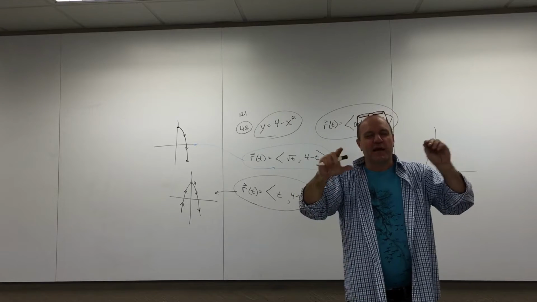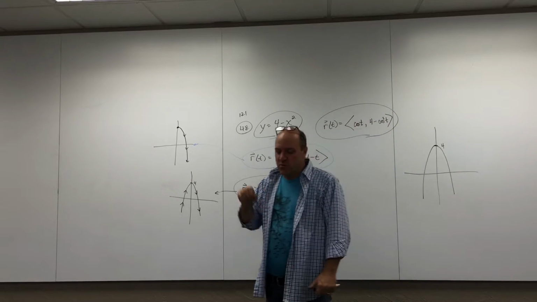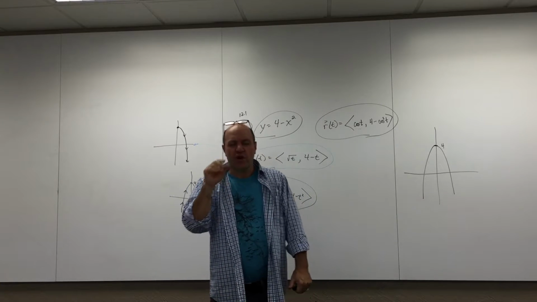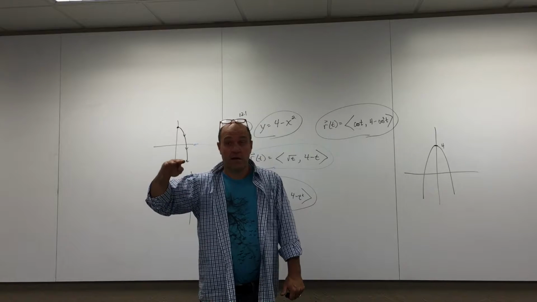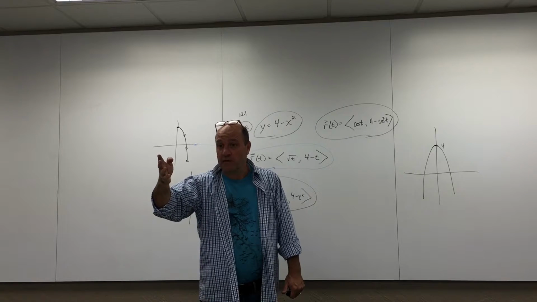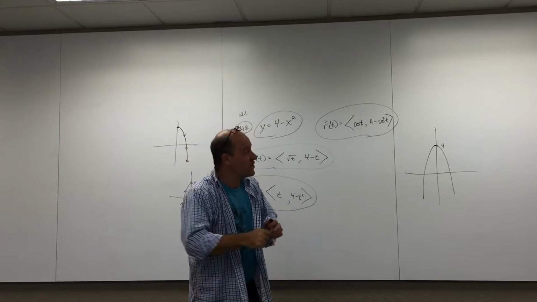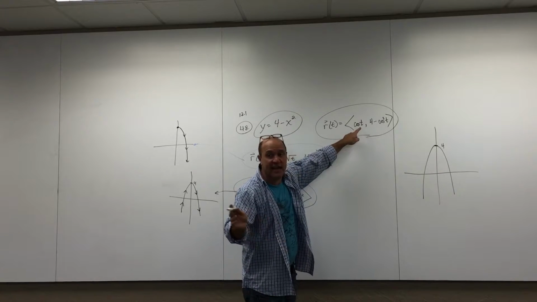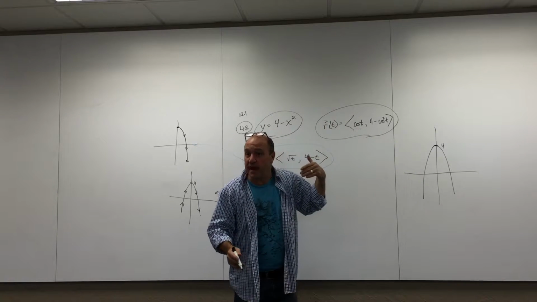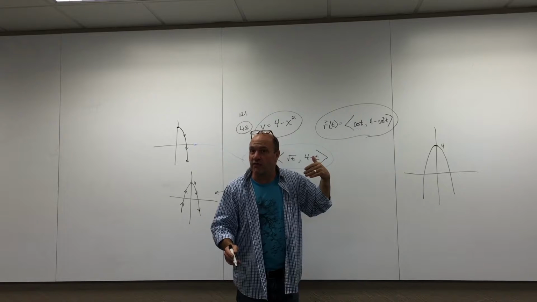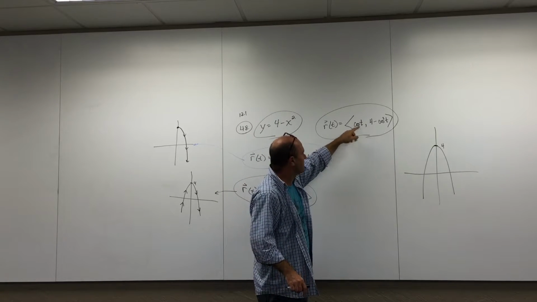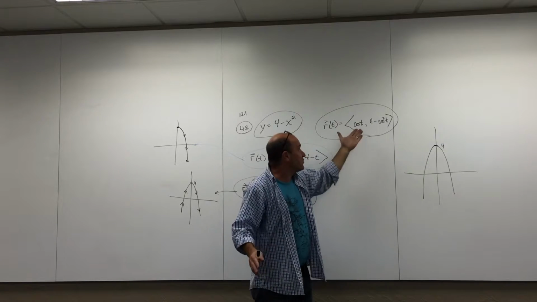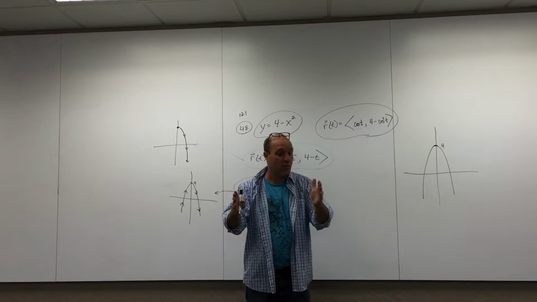You guys know that you plug in any angles, but the cosine of any angle is always some fraction between -1 and 1. Cosine lives between -1 and 1. So no matter, I can plug any kind of t I want in there, but it's only going to spit out values between -1 and 1. So that just told me that the x coordinate of this vector valued function is restricted to living between -1 and 1.